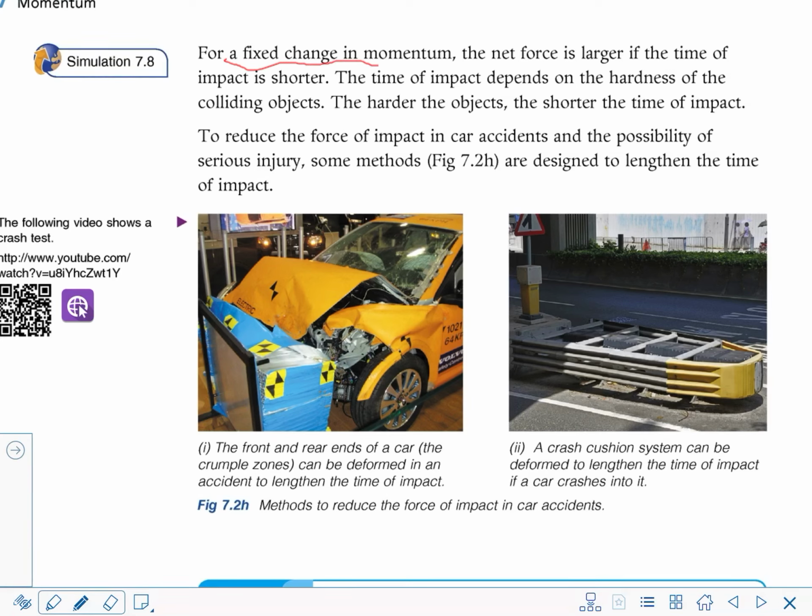For a fixed change in momentum, the net force is larger if time is short. So to reduce the force of impact, we need to think about how to lengthen the time of impact.